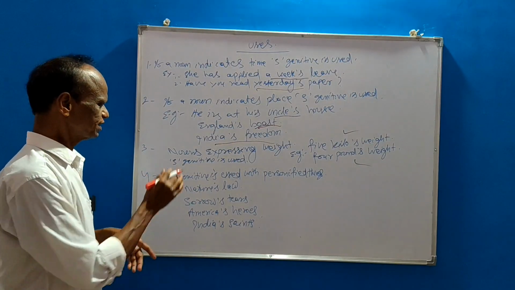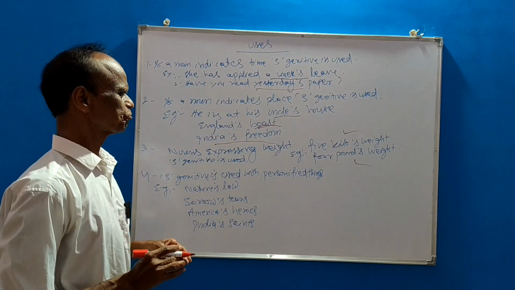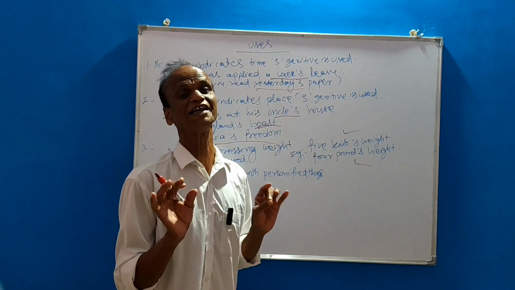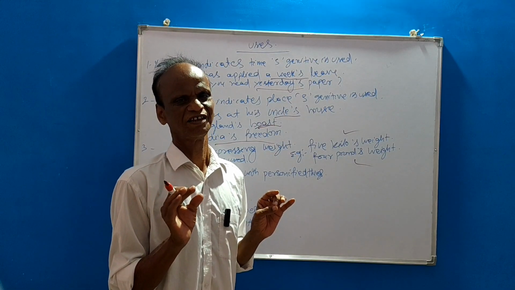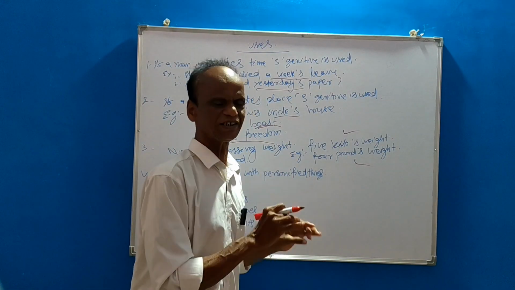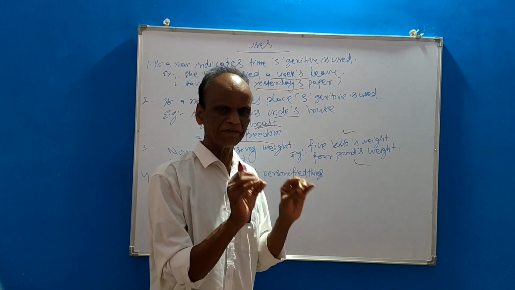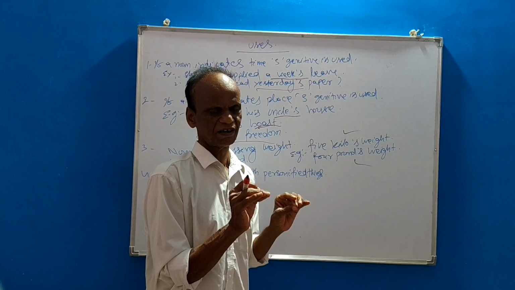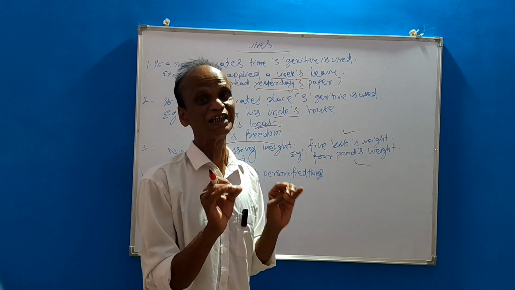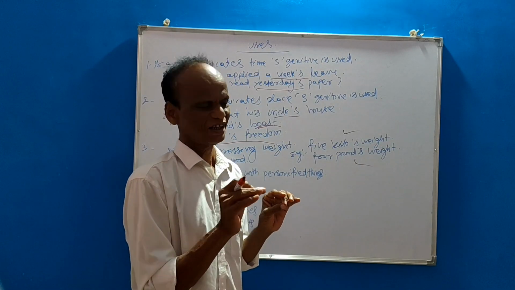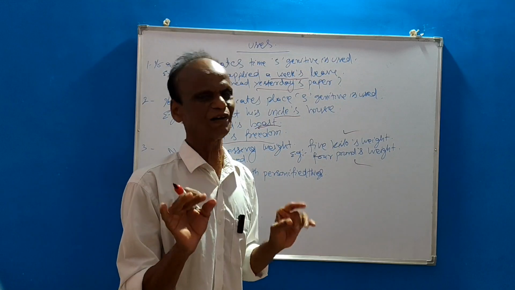Point 4. S genitive is used with personified things. What do personified things mean? They are given human qualities.